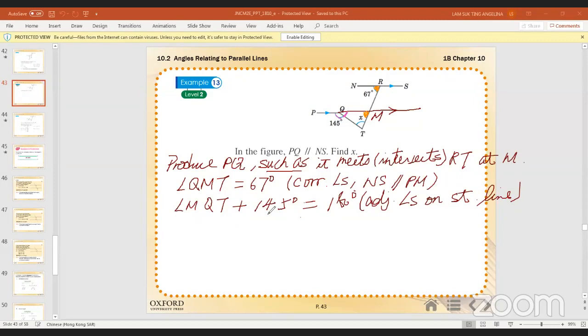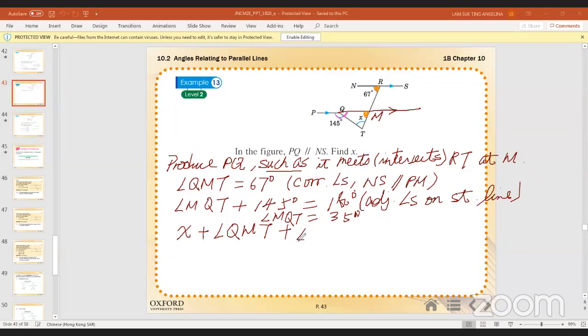And then we need to find x. And therefore, this time we have x plus angle QMT plus, I haven't finished the calculation. Angle MQT is what? It should be 35 degrees, right? 35 degrees. Thank you.